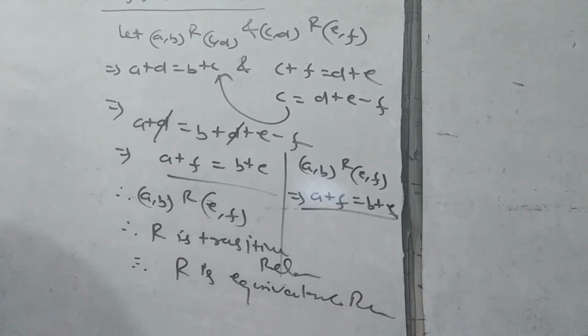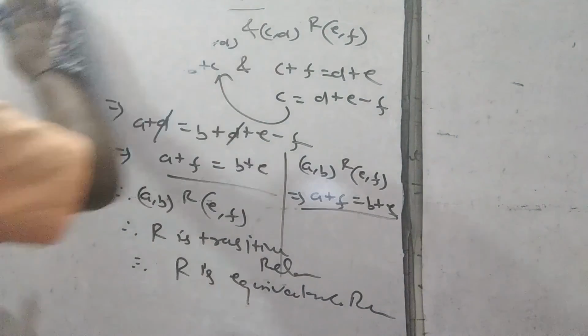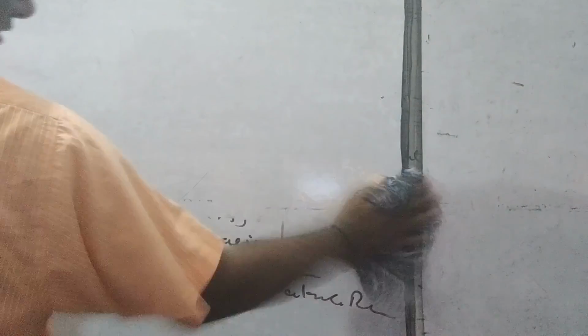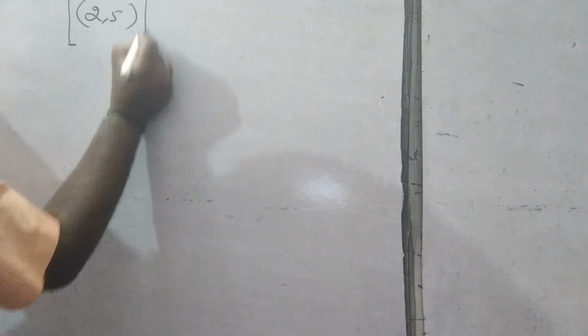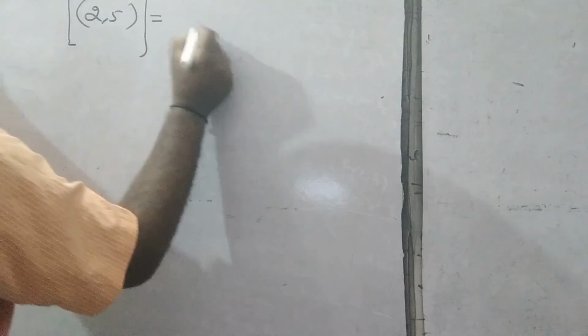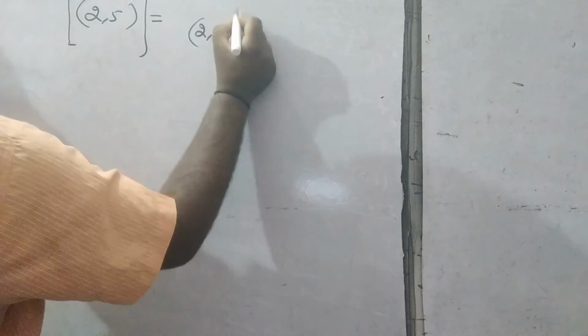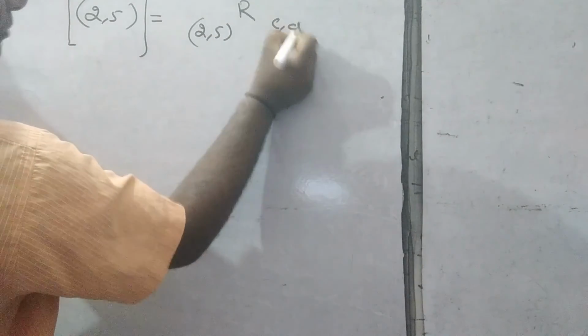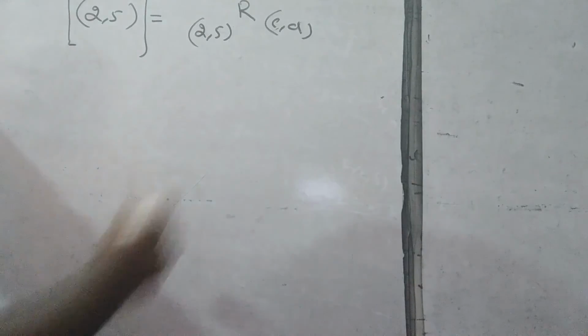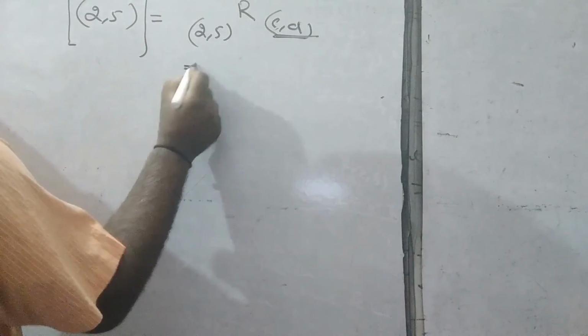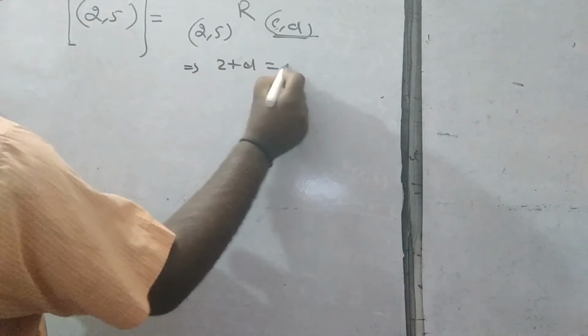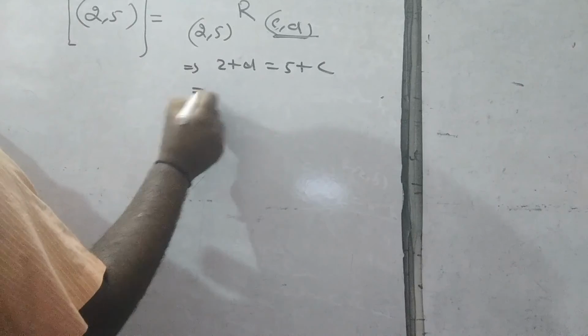Okay. Now, equivalence class of (2, 5). We have to find the equivalence class of (2, 5). So as per the definition of equivalence class, one pair we know, and we have to search for the other pair so that 2 plus d is equal to 5 plus c, the rule.